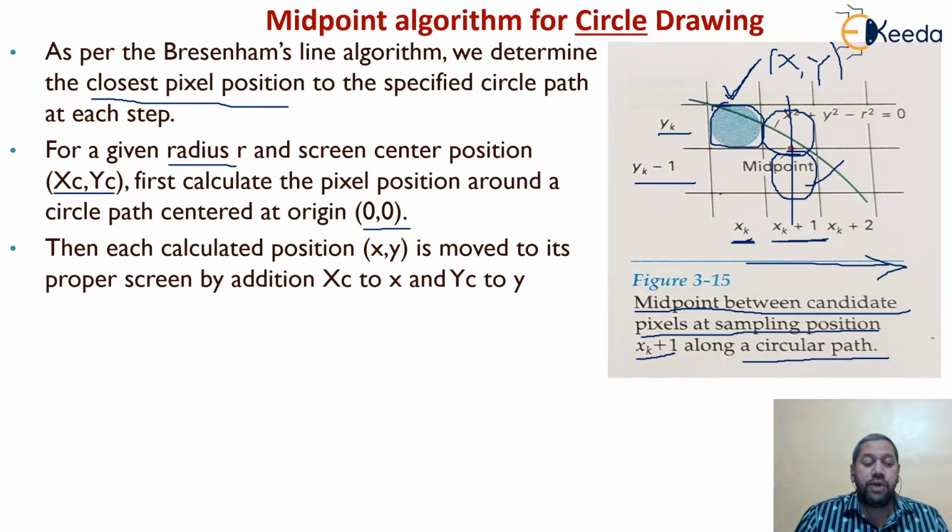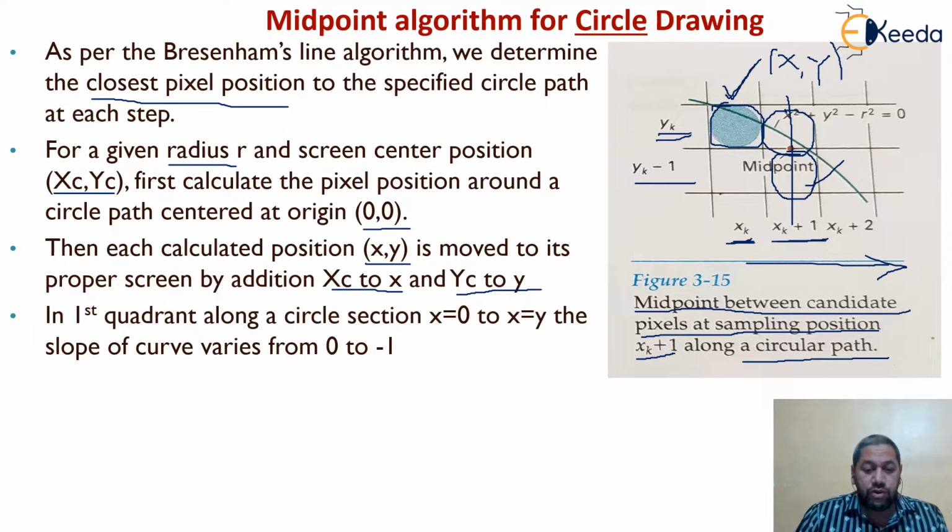Then we calculate the position x comma y, here considering xk comma yk. This is my xk and this is my yk. Each calculated position x comma y is moved to its proper screen position by adding xc to x and adding yc to y. So if I add the center to x and y, I will get this value.